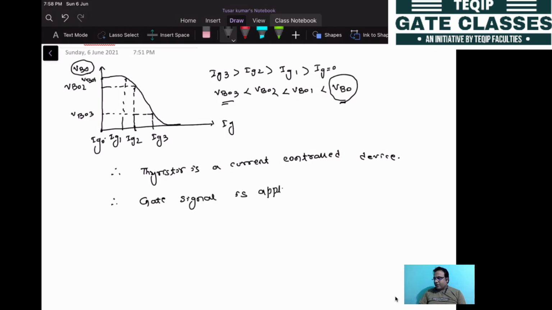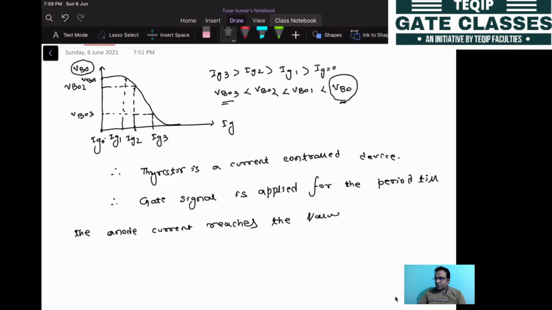So you can make one point here: the gate signal is applied for the period till the anode current reaches the latching current of the device.